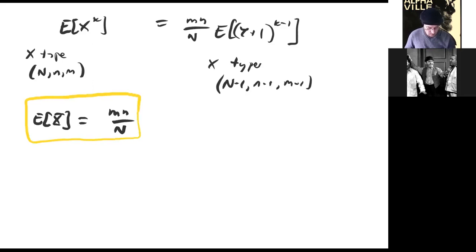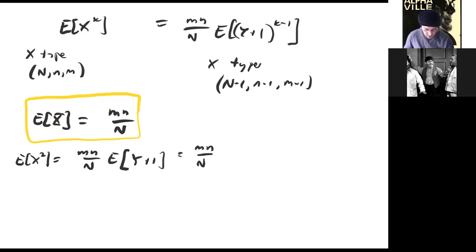Secondly, we can actually compute the expected value of X squared, the second moment, in other words, is MN over capital N, the expected value of Y plus 1. But what is the expected value of Y plus 1? That's going to be the expected value of Y plus the expected value of 1, which is just 1. And we know what Y is. Y is Poisson.